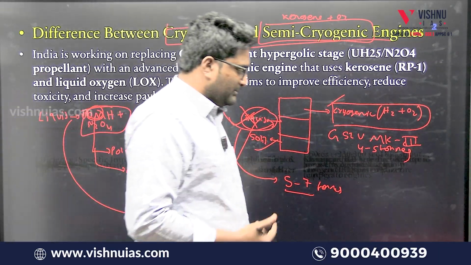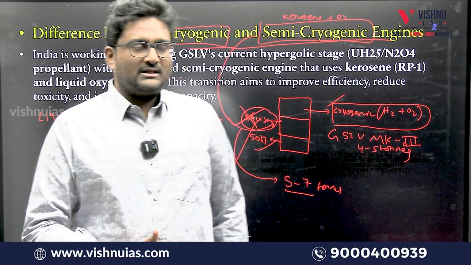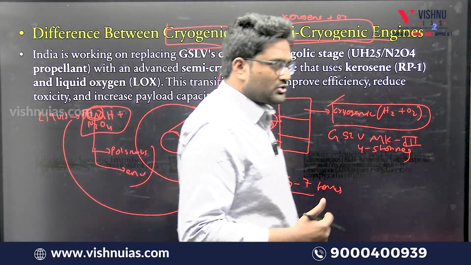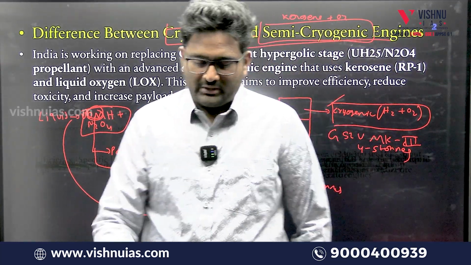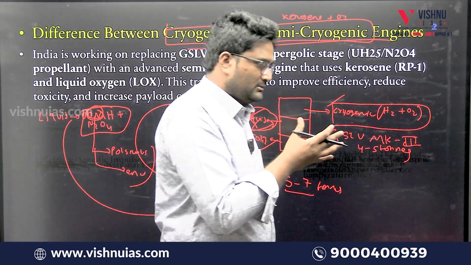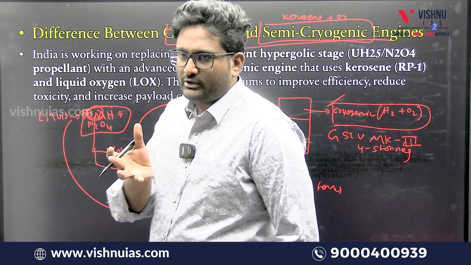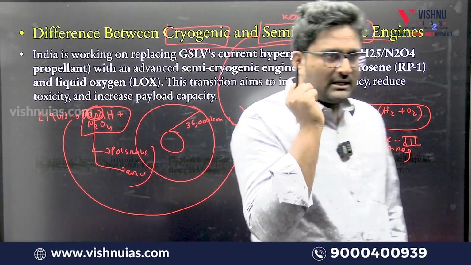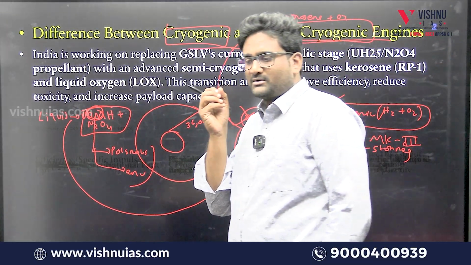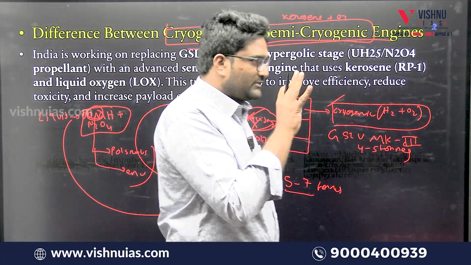So ISRO wants to replace that less powerful poisonous fuel with a semi-cryogenic fuel, so that the cost is going to reduce, the efficiency of the system is going to improve, and the payload capacity of the GSLV will be improved, so that it can easily take heavy loads like Gaganyaan and interplanetary missions in future. Clear? So that's the main difference.